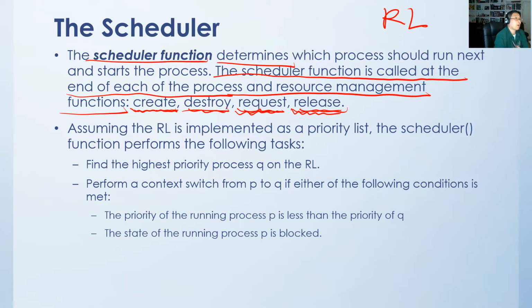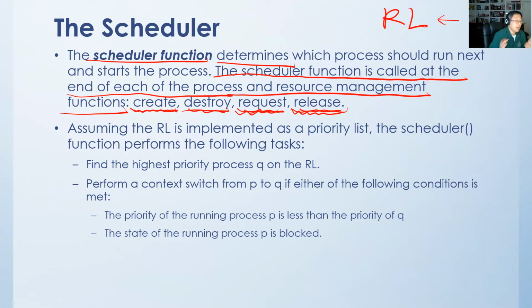Okay, so the other case is also clear, right? When the current running process decides to release a resource R, the operating system will check whether there are any processes waiting for resource R. Let's say process Q is on the waiting list for resource R. Once process P releases resource R, Q is going to be able to get resource R, and Q is probably going to be ready and placed on the ready list.